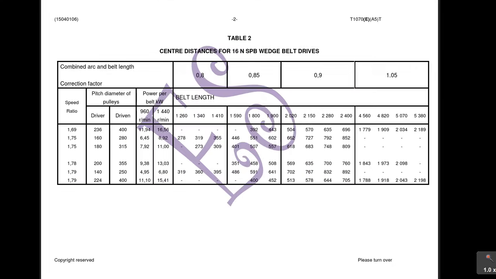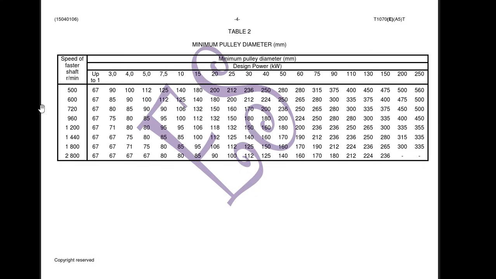So I'm going to use that information to say my design power, in this case DP, but you mustn't write DP, it's just to shorten it. My design power is 126 kilowatt, and then my faster pulley is equal to 900 rotations per minute.